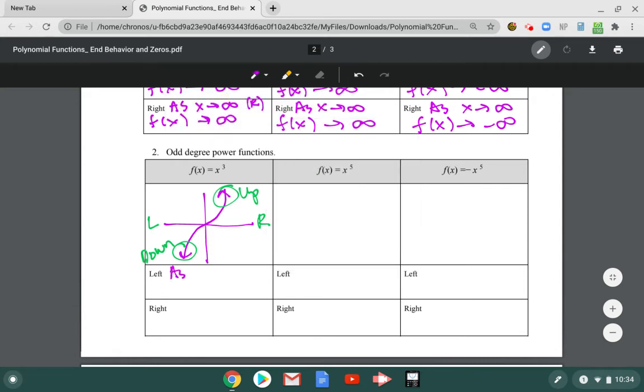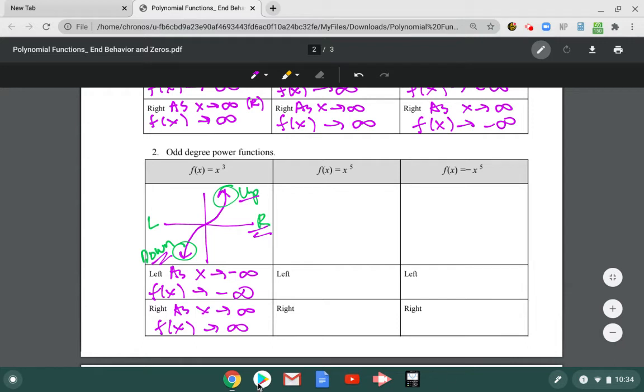So as, left, x goes to negative infinity, my function goes down, f of x goes down, negative infinity. On the right, to say right, as x goes to infinity, my function goes up, f of x goes to infinity.